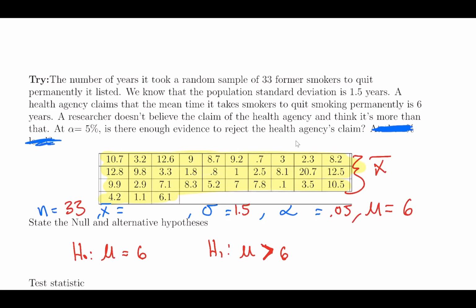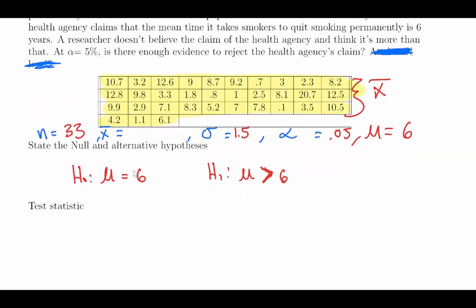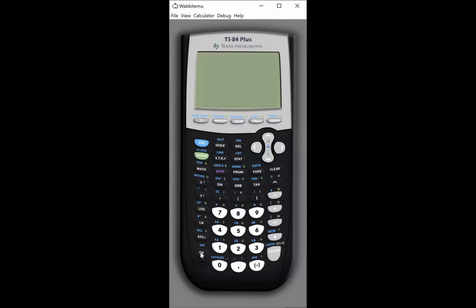Okay, so I'm going to go ahead and do the test statistic. This time around, I'm going to do it for the TI-84. So for those of you who have a TI-84, hopefully you have them out. For the TI-84, the first thing you want to do is enter the 33 numbers.